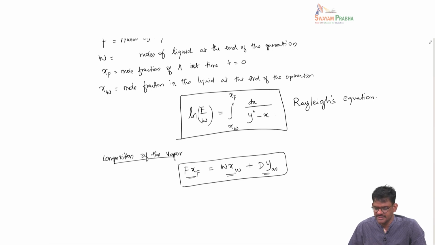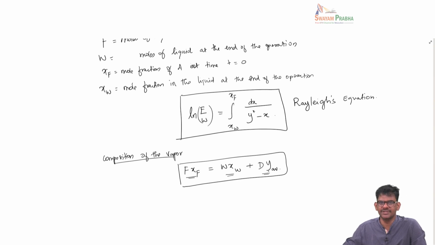The liquid exists at xw mole fraction, W is the number of moles of liquid, and D is the total moles of vapor collected so far. We write y average because the composition of the vapor keeps changing. Initially it was very rich, and as you continue the operation, y decreases. So this mass balance gives you an average vapor composition. Sometimes we ask what the average composition of the vapor phase is after the batch distillation is over, and you apply this kind of mass balance.